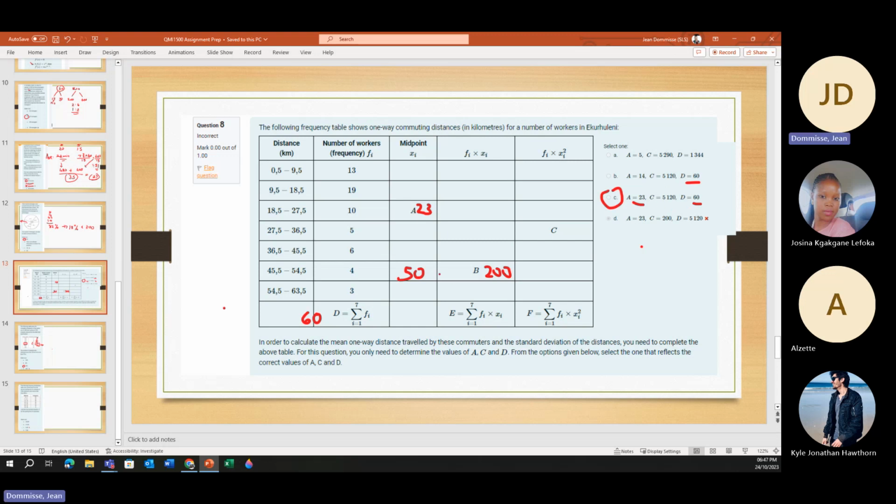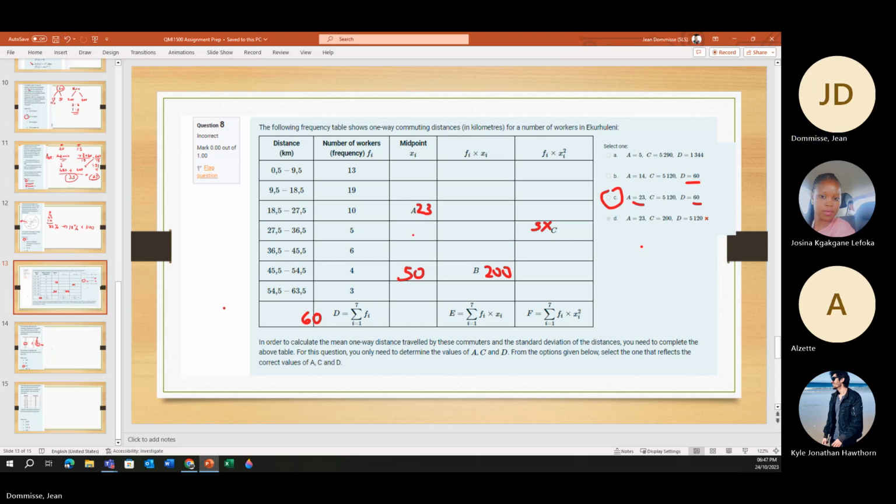Oh, okay, we don't need to work out B. And then C is the easiest one. Then C is 5 times, so let's quickly, 36.5 plus 27.5.